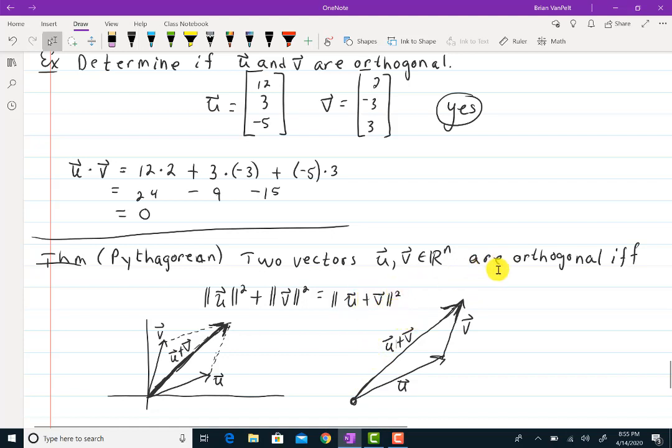they are orthogonal. What does that mean? Well, if u and v are orthogonal in R2, that means they meet at 90 degrees. So we would be expecting something like this.